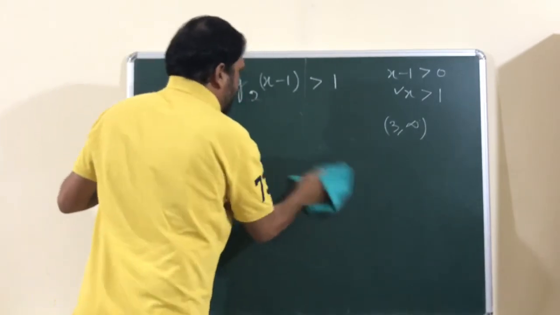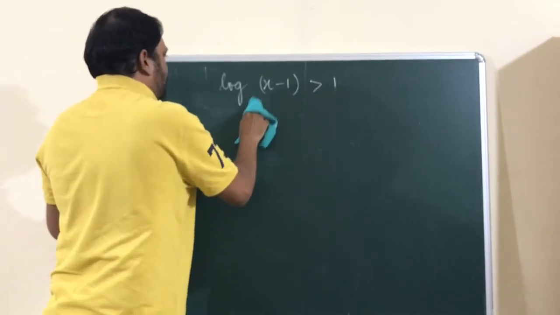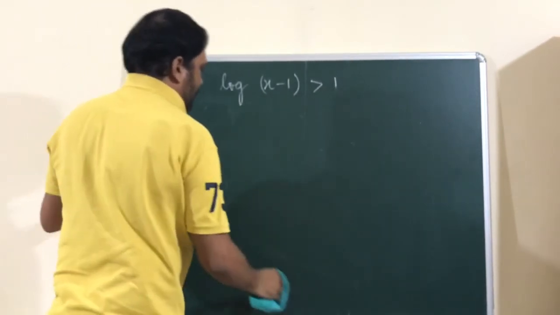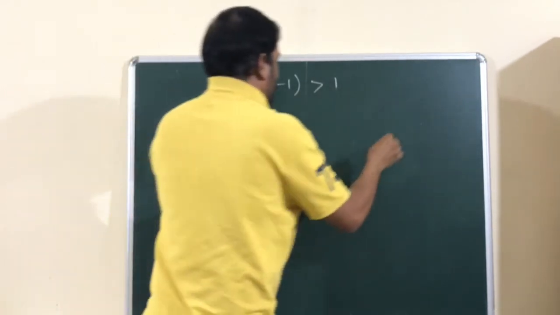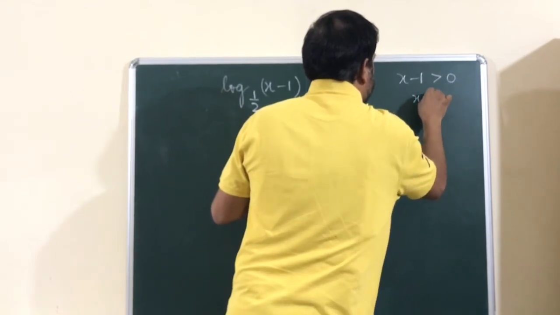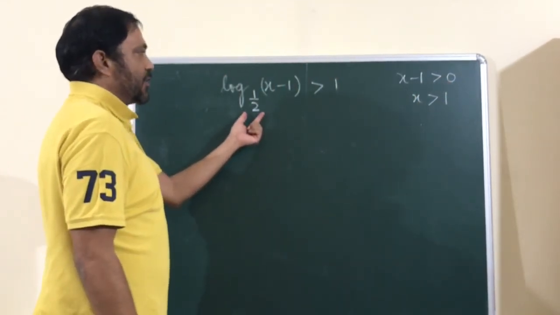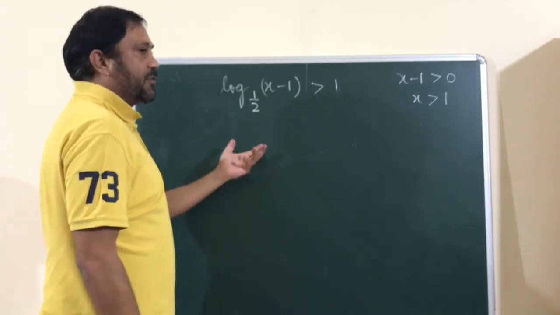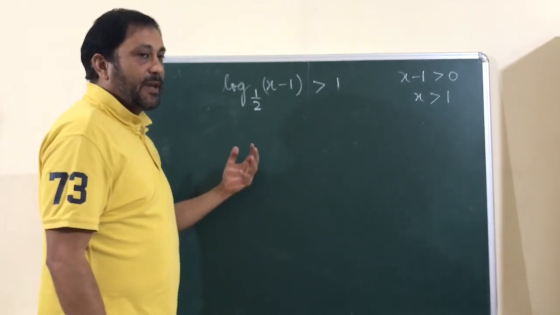But in the same problem, if I replace this base by half, first thing, x minus 1 must be positive, x is greater than 1. Now you can see the base here is less than 1. So the more times I multiply a number which is less than 1, automatically the answers will be smaller.